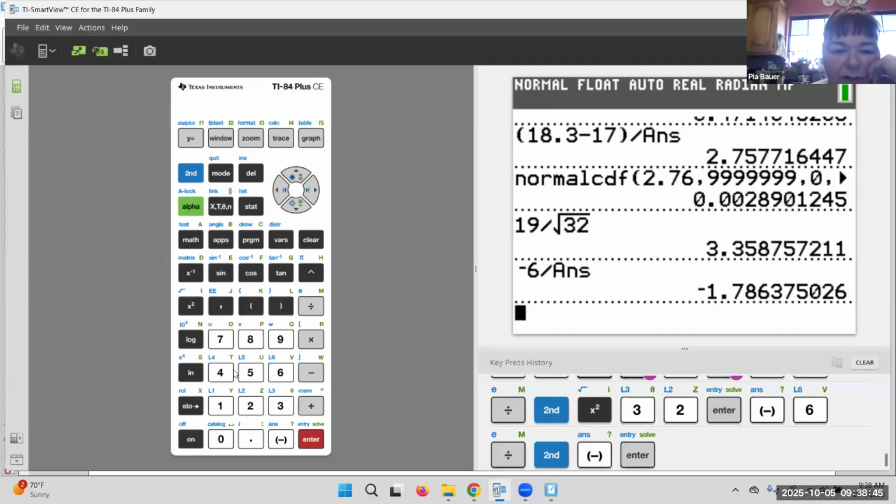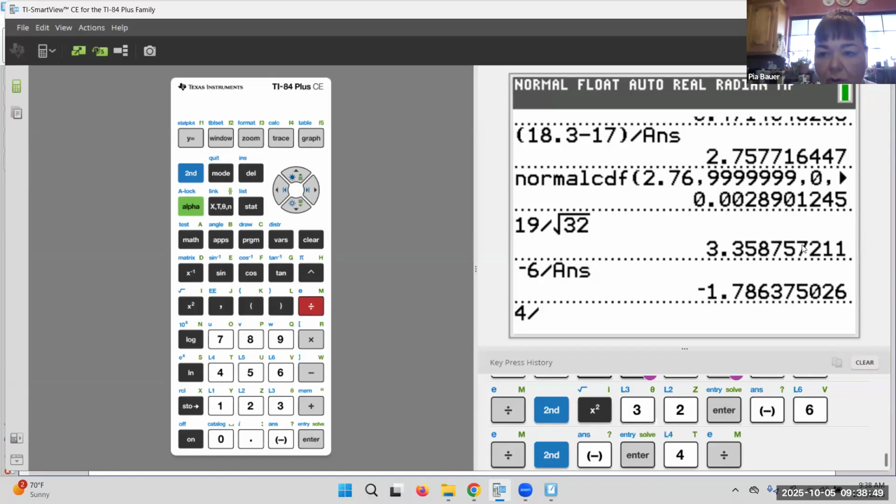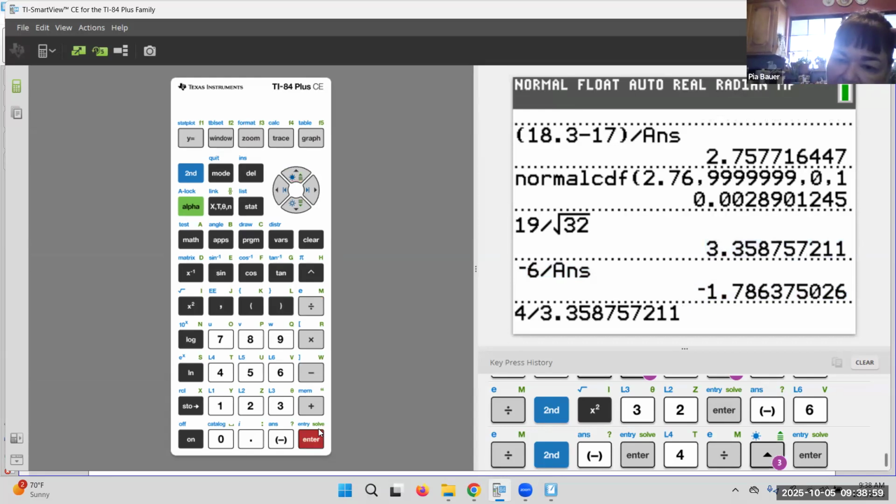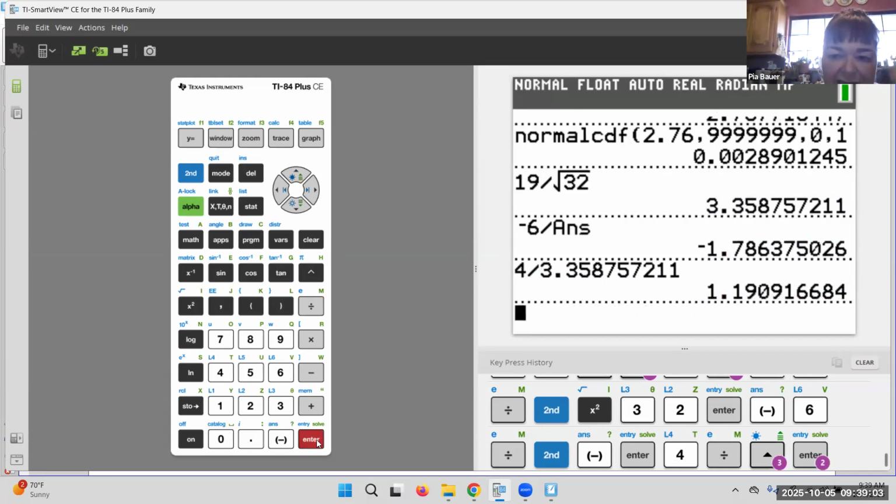So I take 4 divided by, and if you want to just recall this whole number like we did with the previous calculation, you can move your cursor here, press enter, and it will bring that whole decimal. Now press enter, and then this is your z-score, and we rounded it to 2 decimal places, which would be 1.19.